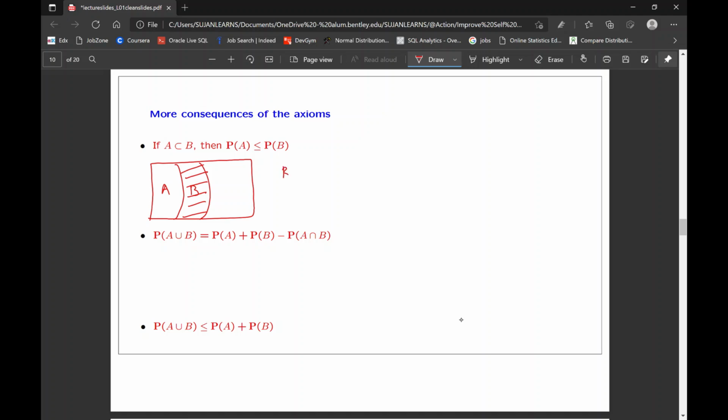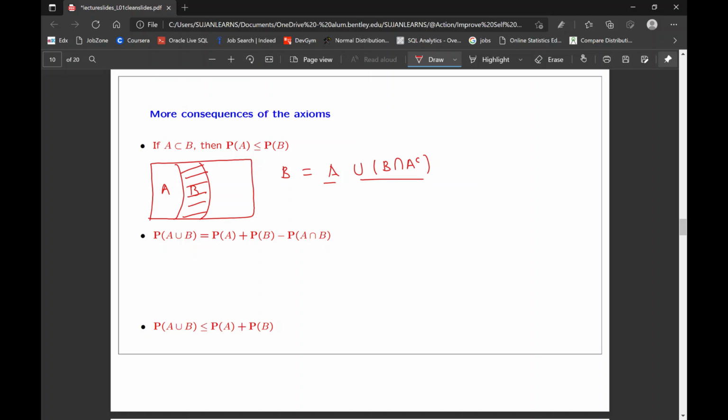Now we'll express set B as A union the parts of B which are not parts of A, so it's going to be B intersection A complement. We can see that these two pieces are disjoint.